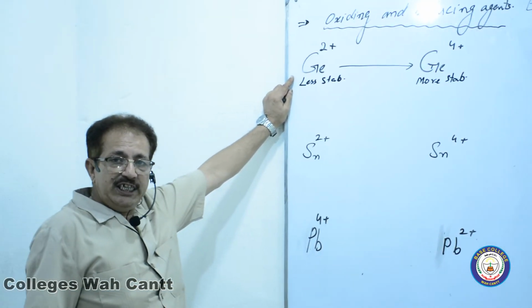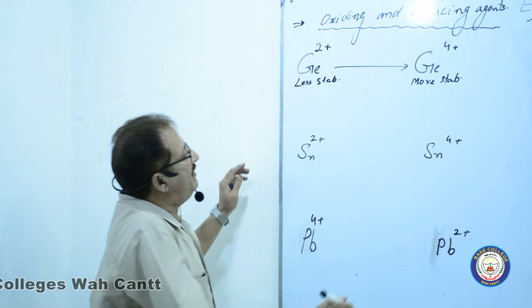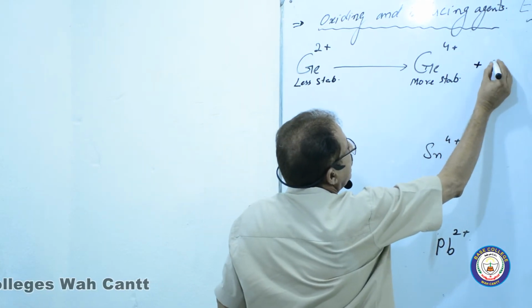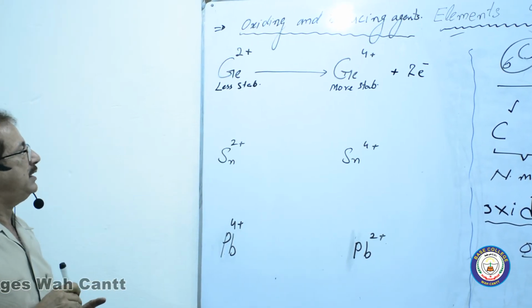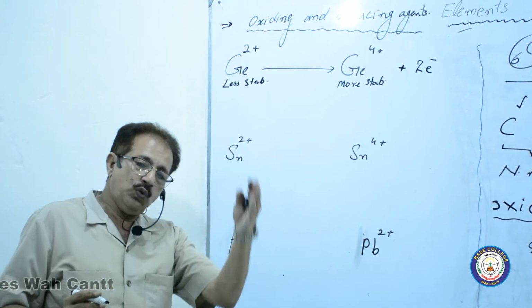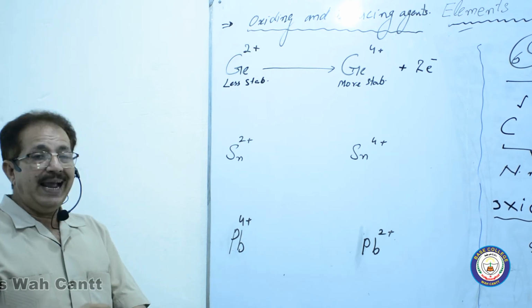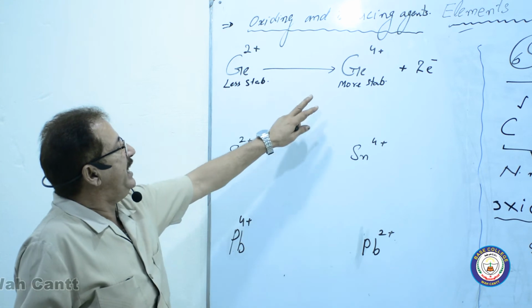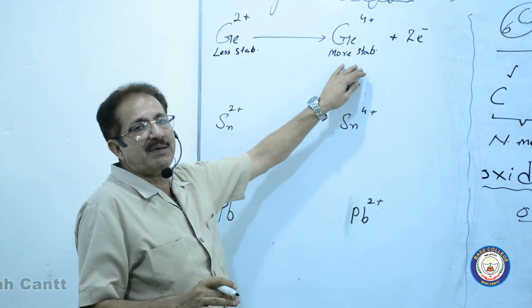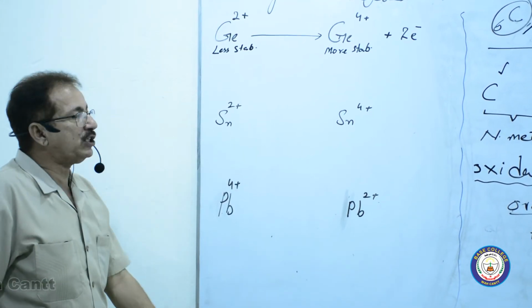Where there is Ge plus 2, it will lose 2 electrons. It will give its 2 electrons to any other species and will change into its more stable formation, that is Ge plus 4.